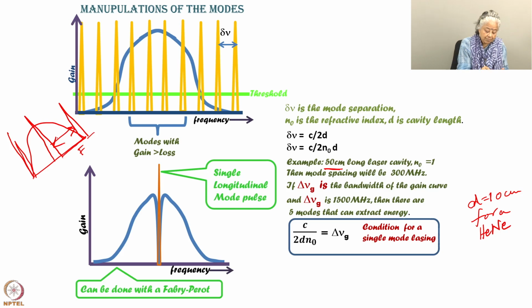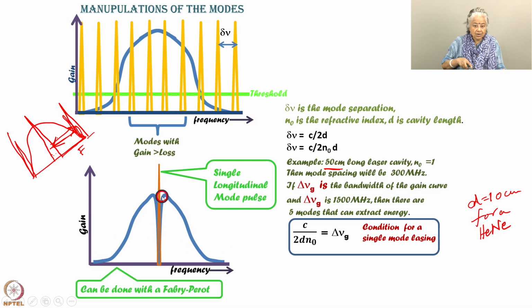So, this is out of the gain curve. So, this can never laze. This is the only one which can laze. Since this is the only frequency which can laze, which is shown here, a single frequency, single longitudinal mode pulse is here, and here is my gain curve.